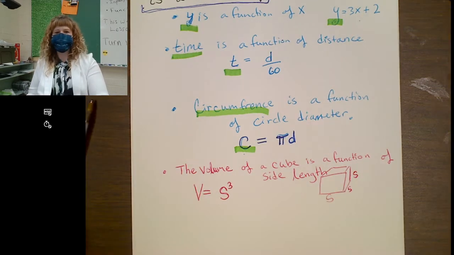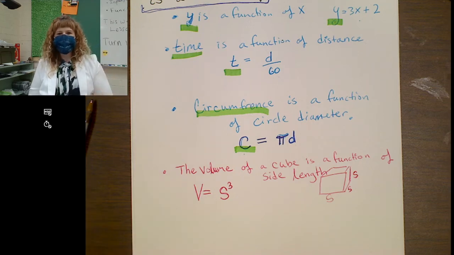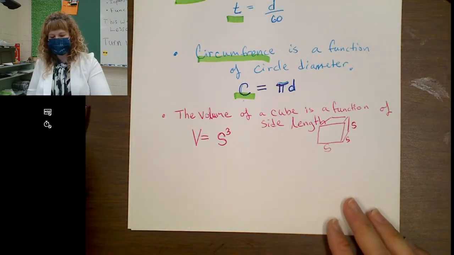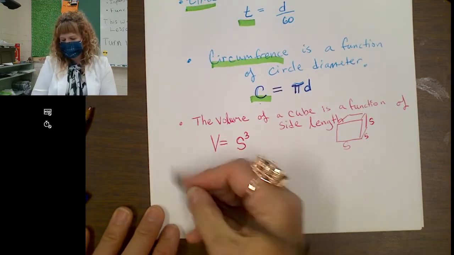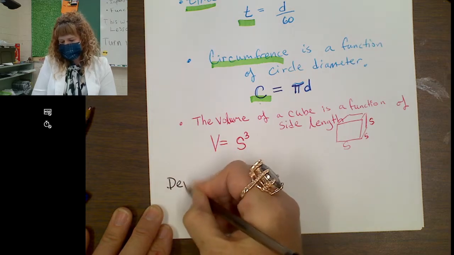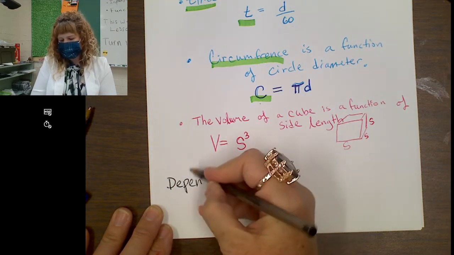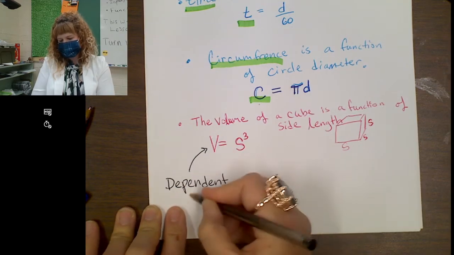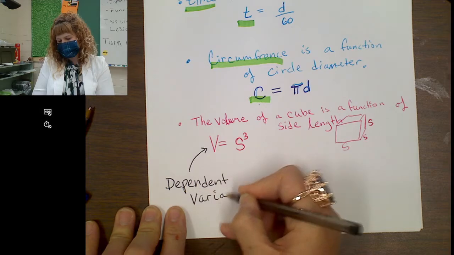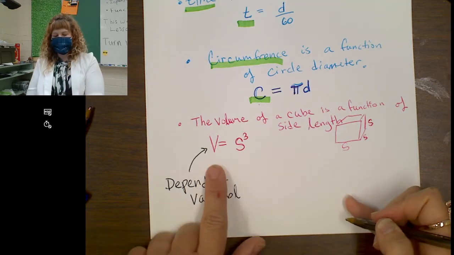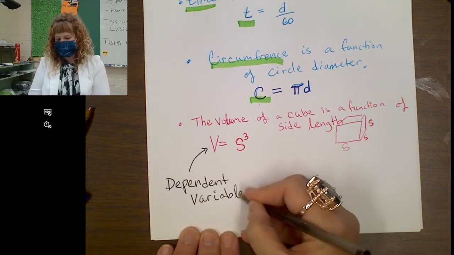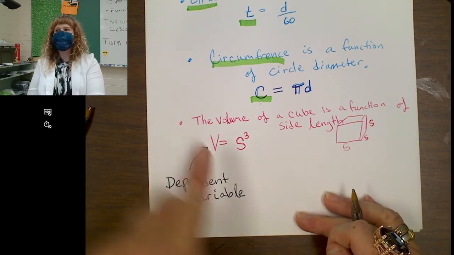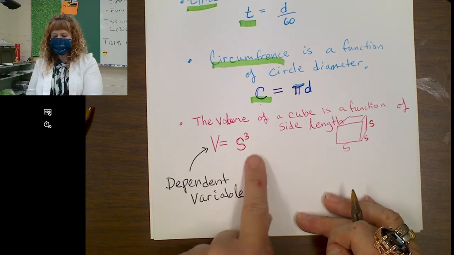Now I'm going to teach you dependent variable and independent variable. Here are two very important vocabulary words. And I'm going to label the V, that is my dependent variable. The volume of the cube is a function of side length. In other words, the volume of the cube depends on side length.